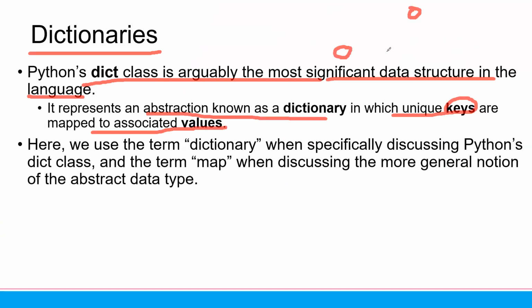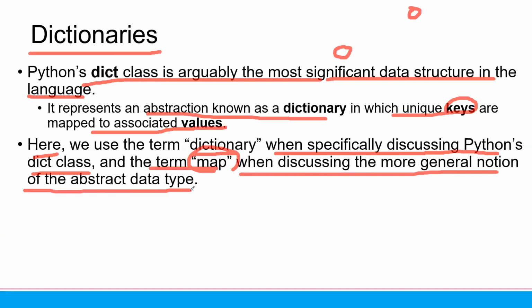So it means one key is house, another key is school, another key is police office, another key is map, and so on. Here we use the term dictionary when specifically discussing Python's dictionary class, and the term map when discussing the more general notion of the abstract data type.